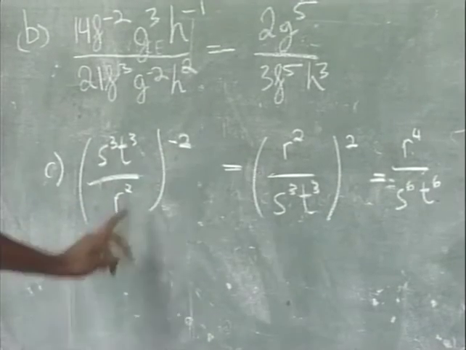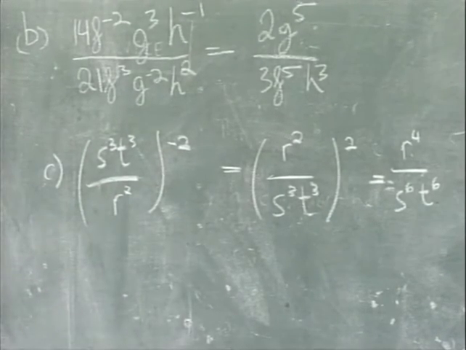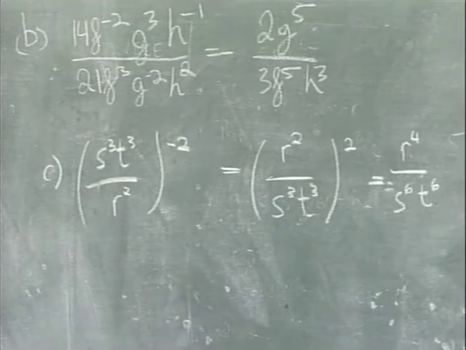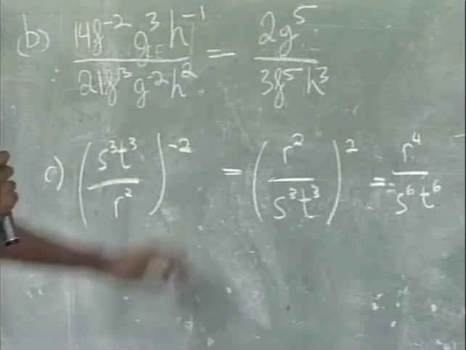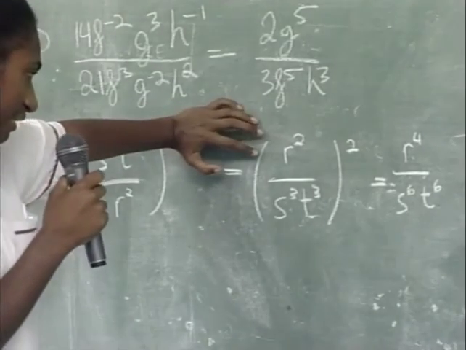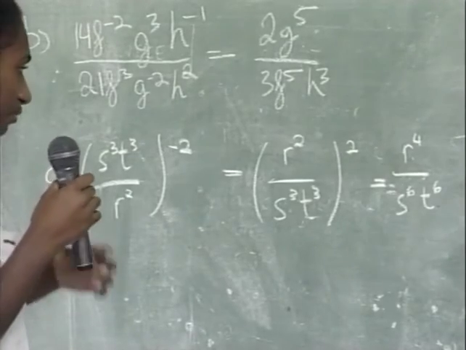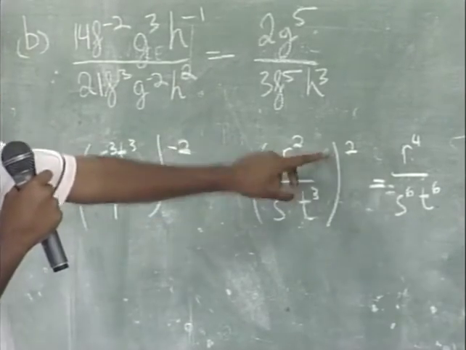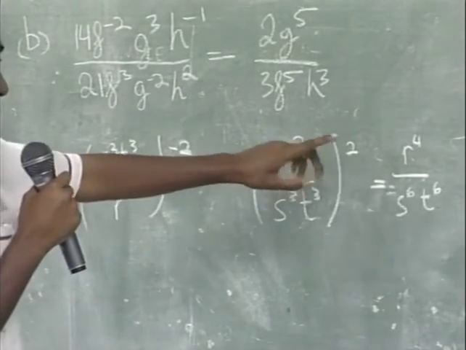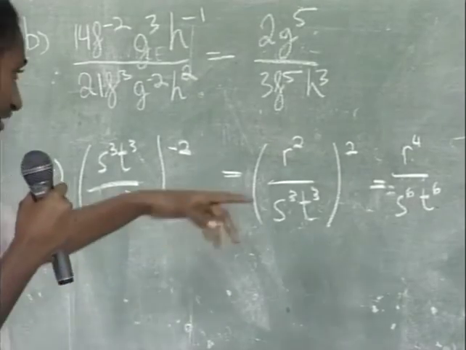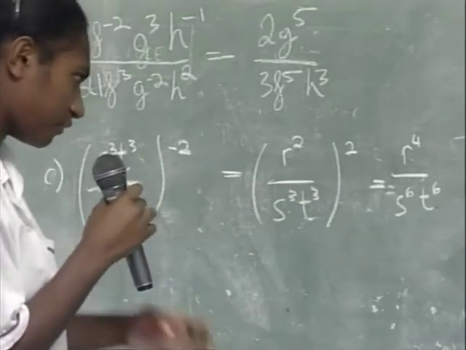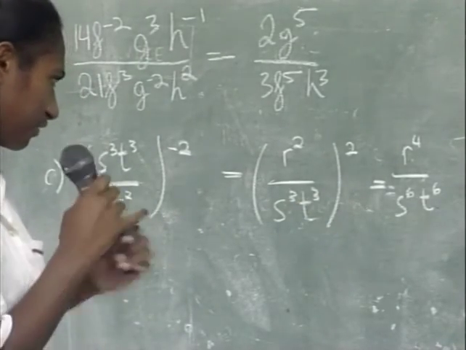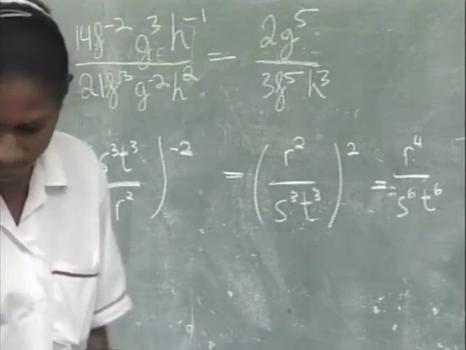I changed the reciprocal to s cubed t cubed over r squared, and I got r squared on s cubed t cubed, and I squared the outside indices. I multiplied the outside indices with the inside, and I got r to the power of 4 over s to the power of 6 and t to the power of 6.